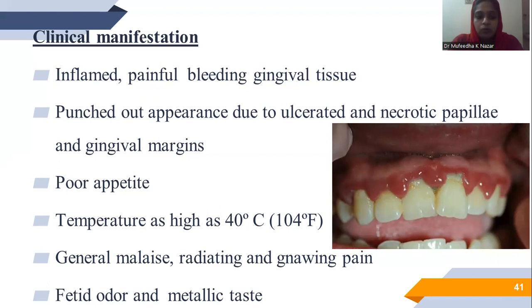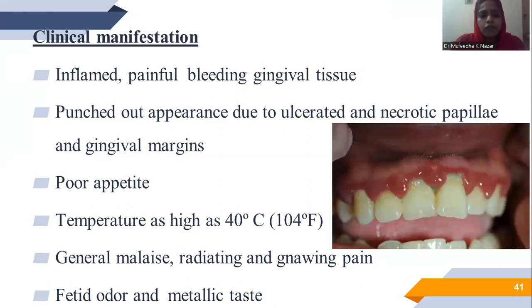The patient will have poor appetite and fever as high as 40 degrees Celsius, and is also associated with general malaise, radiating and gnawing pain that increases with the intake of liquids or food.